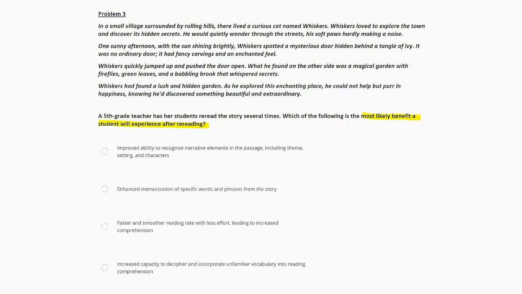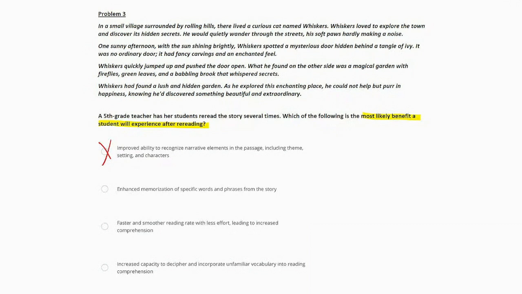Looking at option number 1, talking about elements like theme, setting, and characters would be more beneficial for students with having a group discussion versus just rereading a story. So we can eliminate option number 1. Looking at option number 2, enhanced memorization of specific words and phrases.